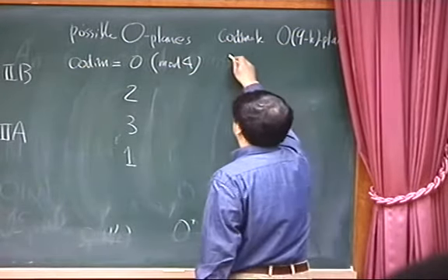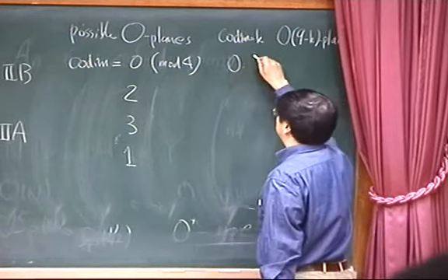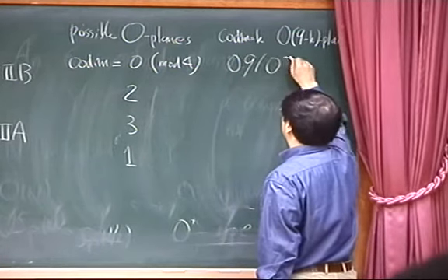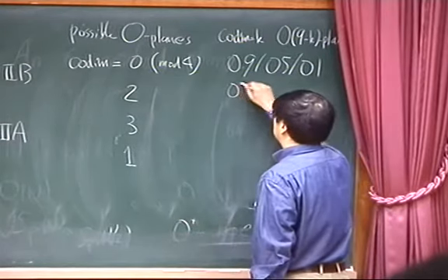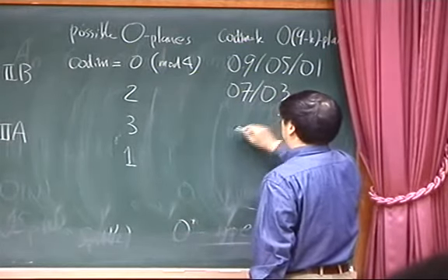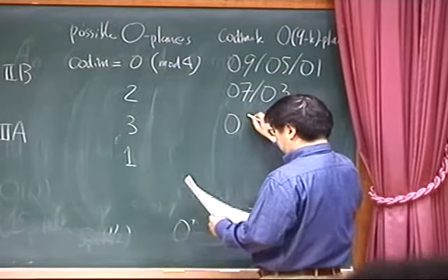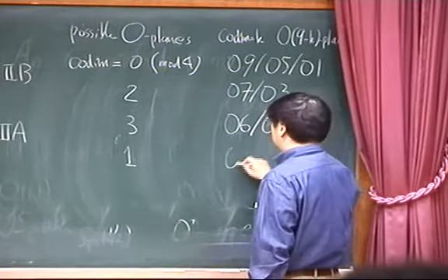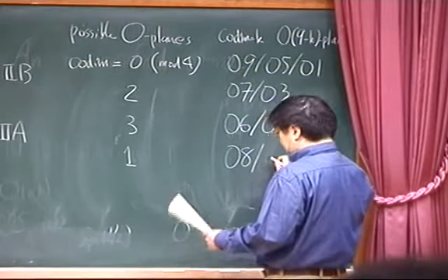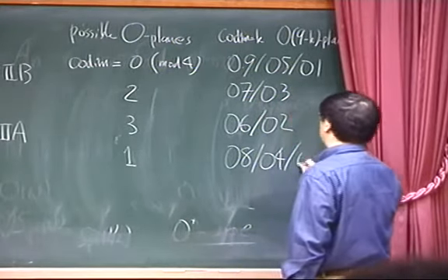So this corresponds to either O9 or O5 or O1. And this corresponds to O7 or O3. And this corresponds to O6 or O2. And this corresponds to O8 and O4 or O0.